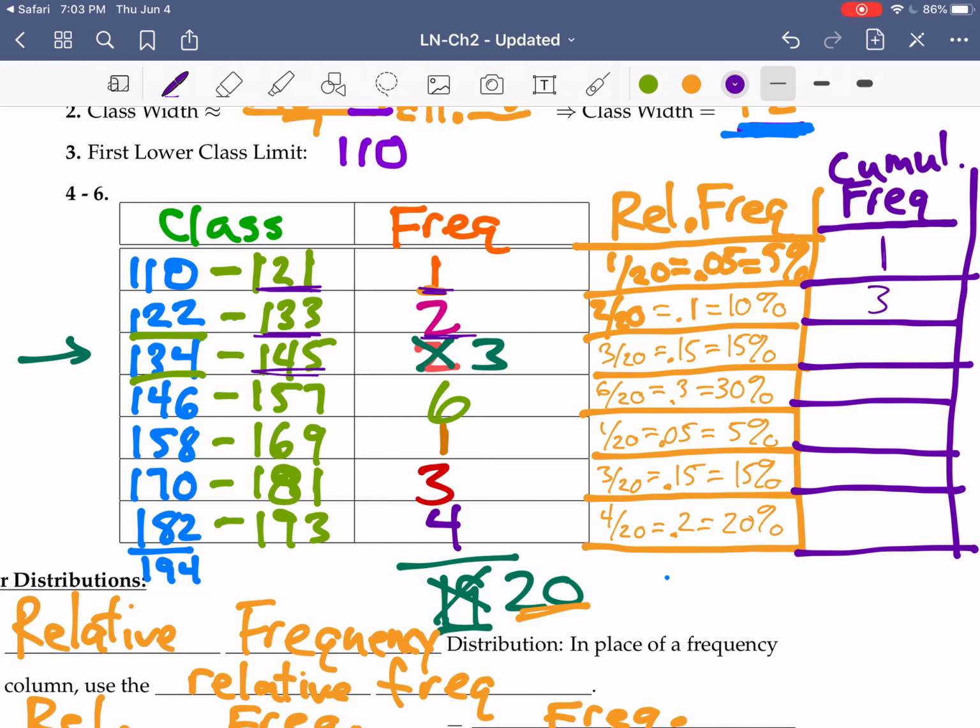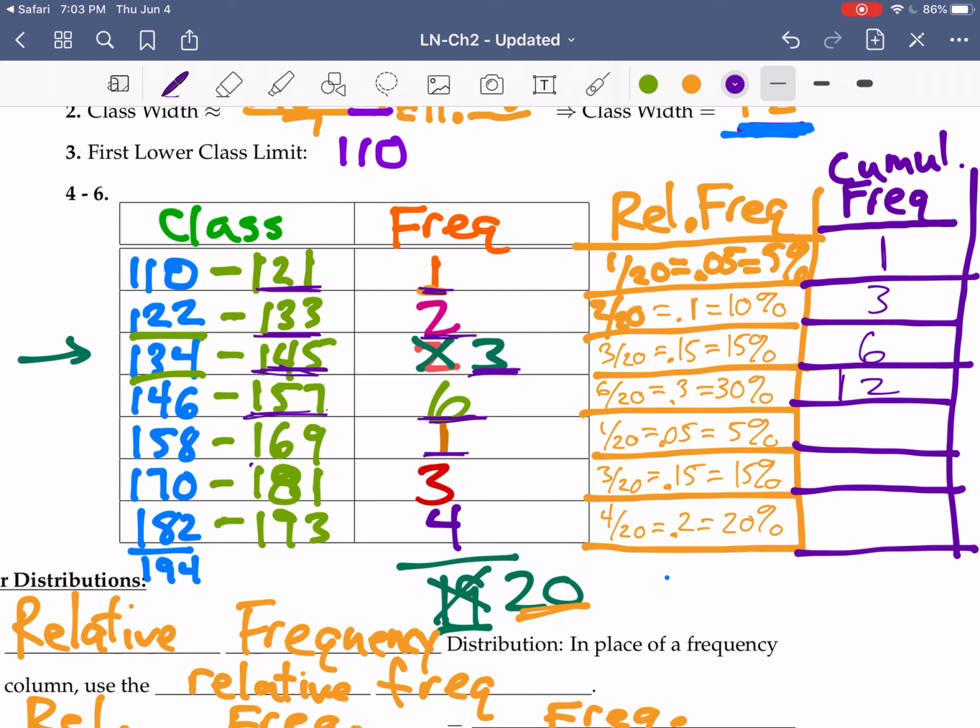Up through 145, we have these 3 new ones, plus the 3 from before. Gives us a total of 6. Next, up through 157, we have 6 new ones, plus the 6 we had from before. We now have 12 that we have seen cumulatively.